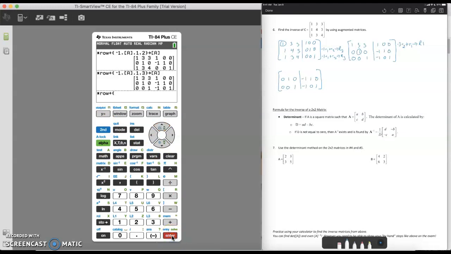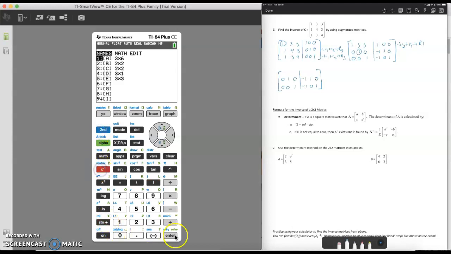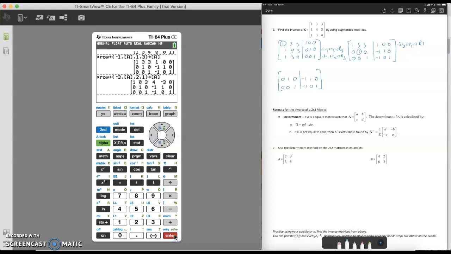This time we're multiplying by -3, matrix A. We're doing this time to row 2 in order to change row 1, and then store. Okay, so my new row 1 is 1, 0, 1, 0, 3, 4, -3, 0.